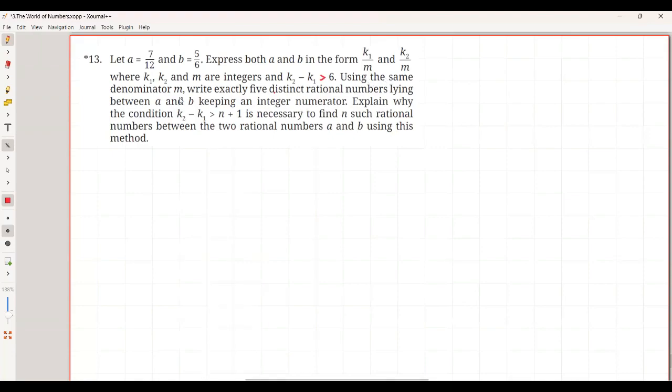Using the same denominator M, write exactly 5 distinct rational numbers lying between A and B, keeping an integer numerator.